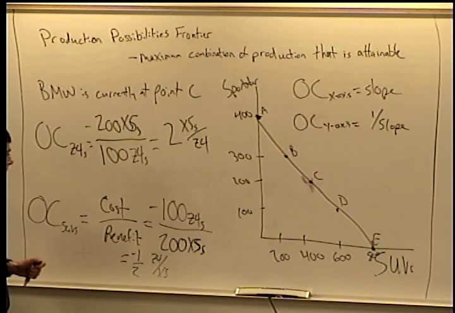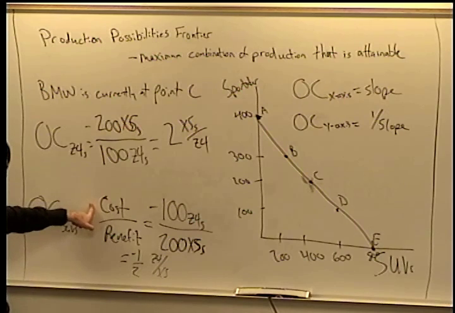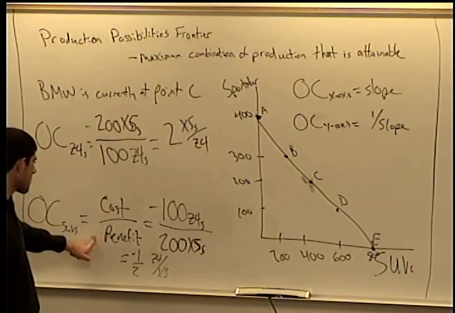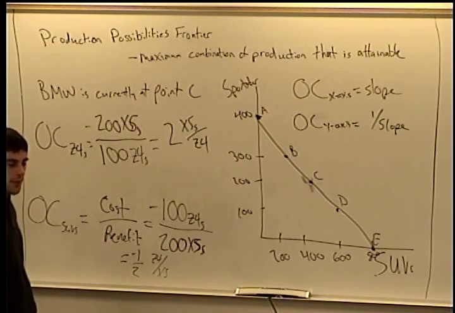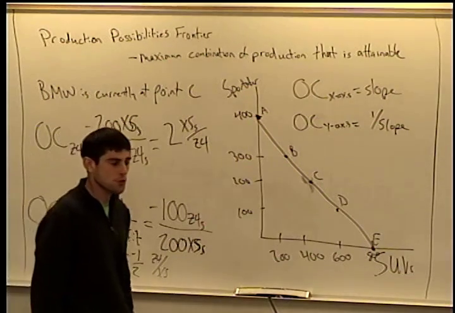So the cost over the gain. Okay, and that's always how we're going to analyze opportunity cost. So if we're thinking of opportunity cost, we're thinking about what do we have to give up compared to what do we gain. Okay, and so that completes our analysis of production possibilities frontiers and opportunity cost.